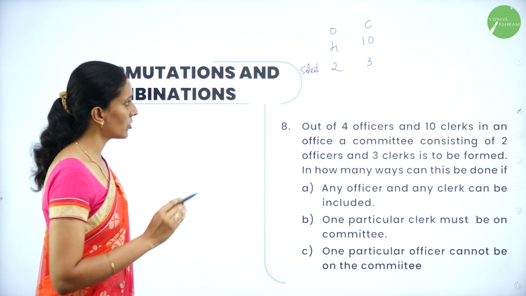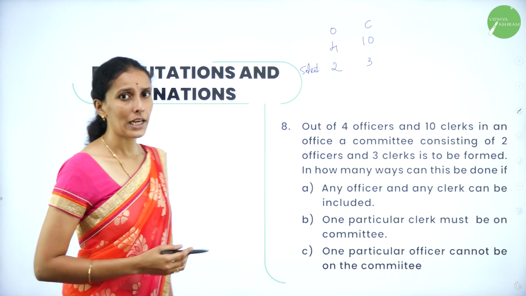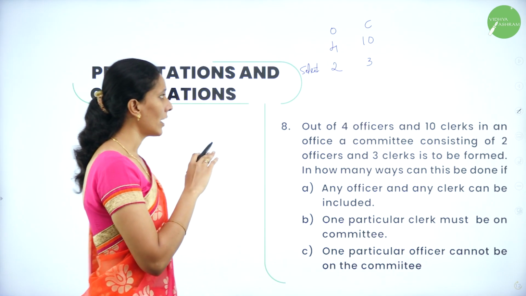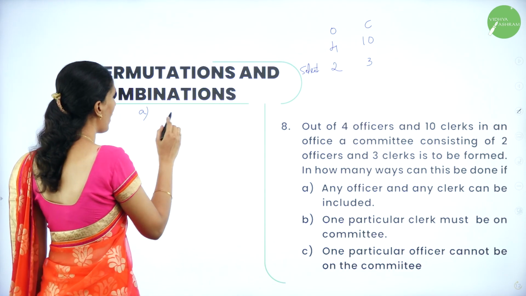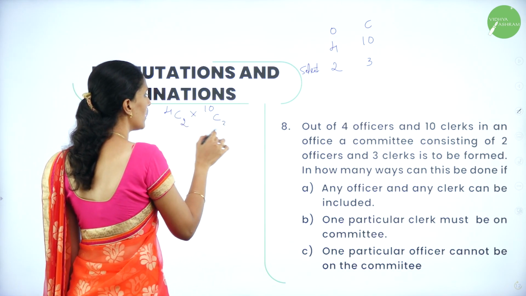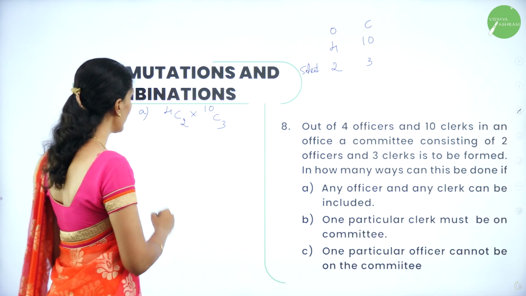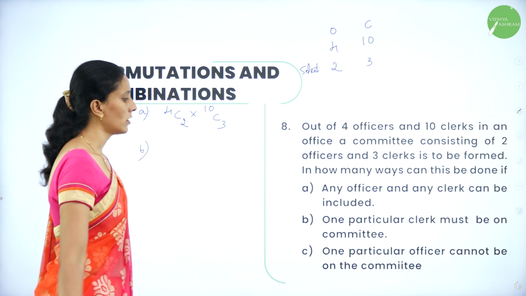But we have a condition for the formation also. My first question is any officer, any clerk can be included. So there is no restriction. So my answer is 4C2 into 10C3. Just calculate and find the answer. I'm just giving it in terms of combination.